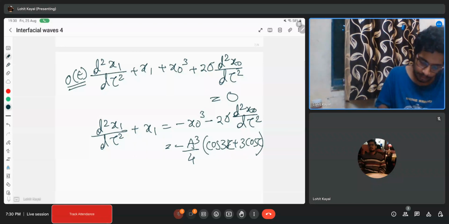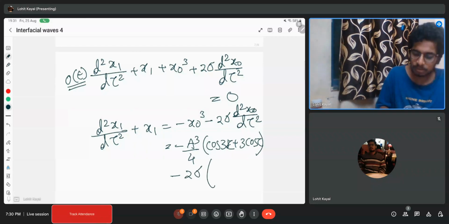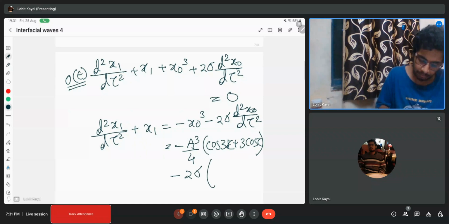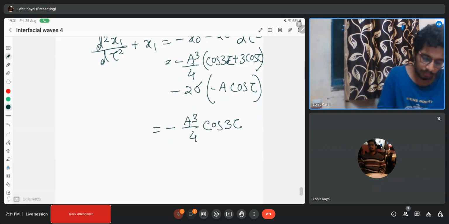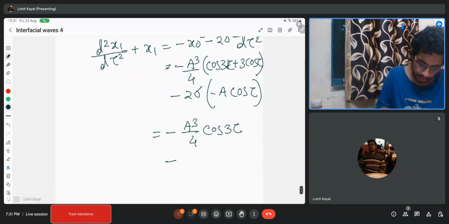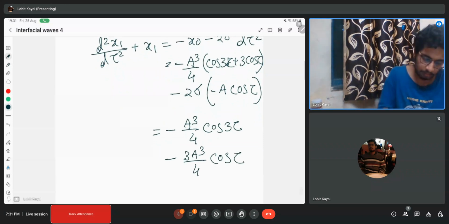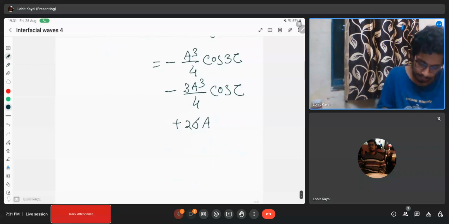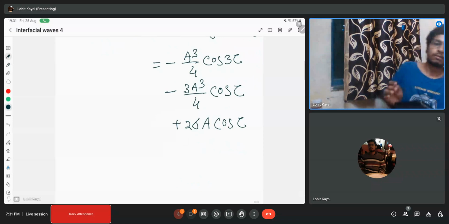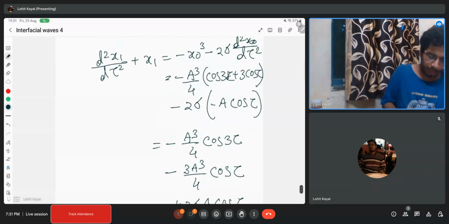Minus 2 sigma d square x naught, and x naught is a cos tau, it is minus a cos tau, so it becomes plus 2 sigma a cos tau. Okay, now see the left hand side and right hand side.